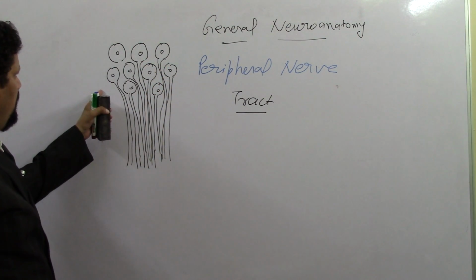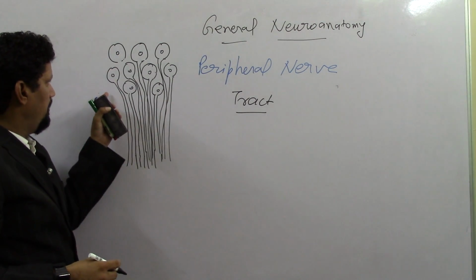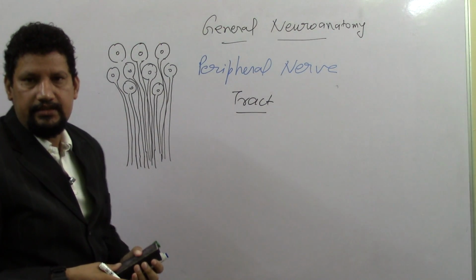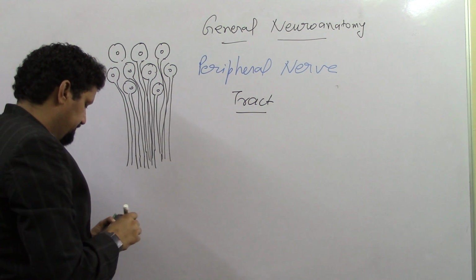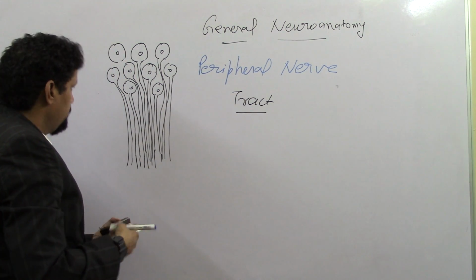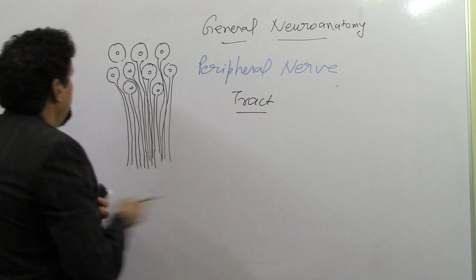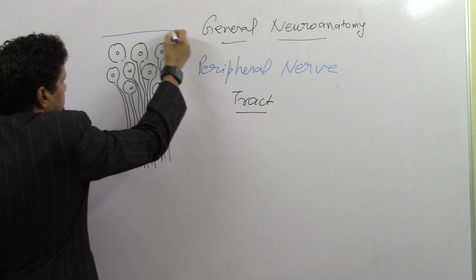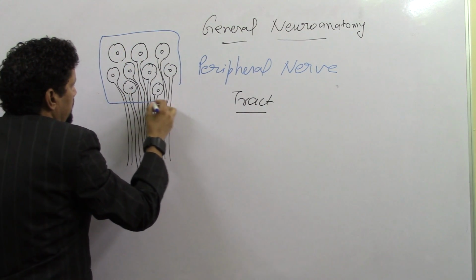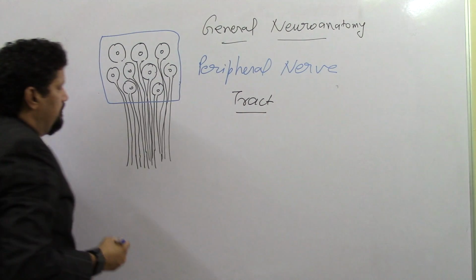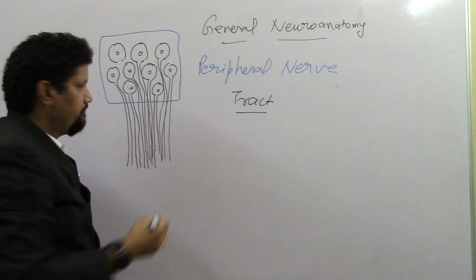So this collection of the soma or the cell bodies, if this collection is inside the CNS, is known as nuclei.